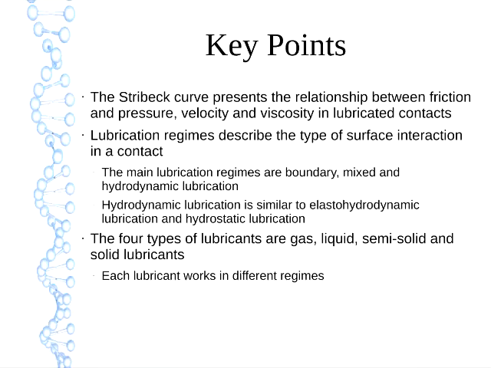The main lubrication regimes are boundary, mixed, and hydrodynamic lubrication. Hydrodynamic lubrication is similar to elastohydrodynamic lubrication and hydrostatic lubrication. And then the four types of lubricants are gas, liquid, semi-solid, and solid lubricants. Each lubricant works with different lubrication regimes.